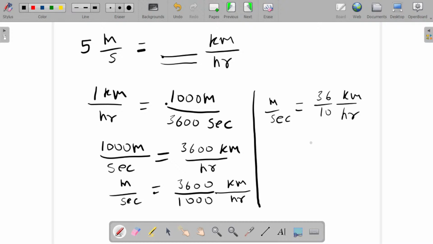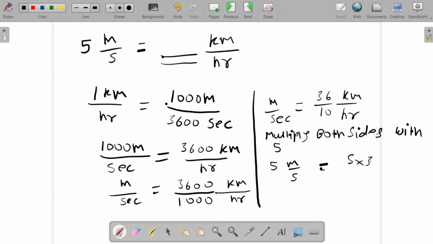As we can see, here it is asked for 5, so we multiply both sides with 5.